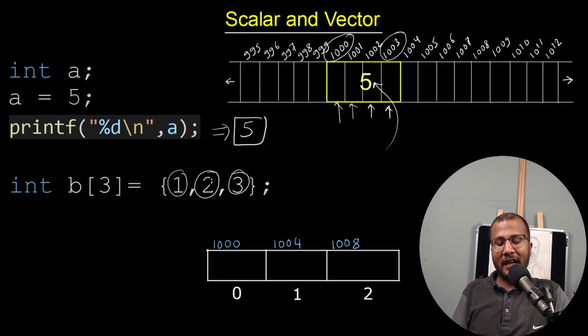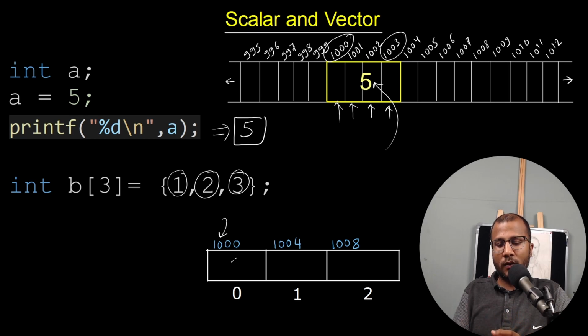Here I am assuming that the starting address is 1000. It can be anything; the starting address is decided by the operating system and the compiler. This is just my assumption that the starting address for the variable b is 1000. You can see that 1000 to 1003 is allocated for the first value, that is 1.